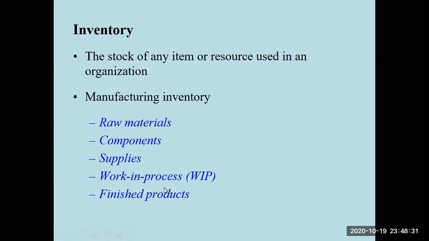Supplies and work in process, unfinished, semi-finished products in process, that is work in process. Then finished product. After finishing, the final product is in the store somewhere. Final product or finished product is also inventory.